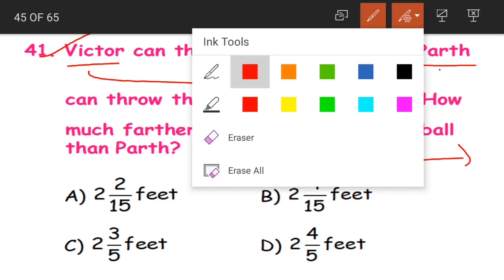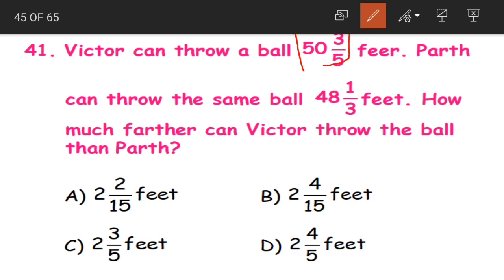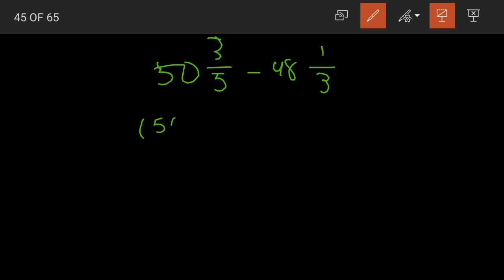To find out this, we have to subtract the given two distances. Yes, 53 by 5 minus 48 1 by 3. Again here we are having two mixed fractions, so you can opt for either of the two ways of subtracting.